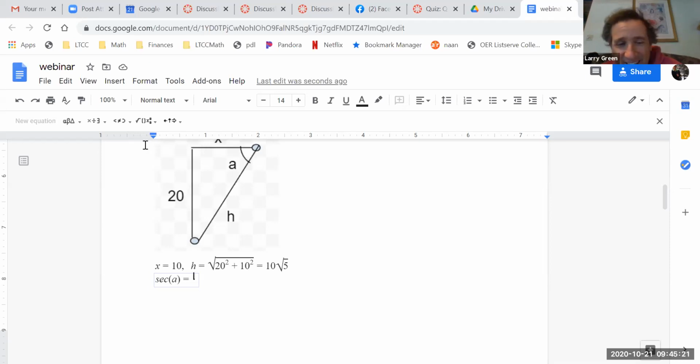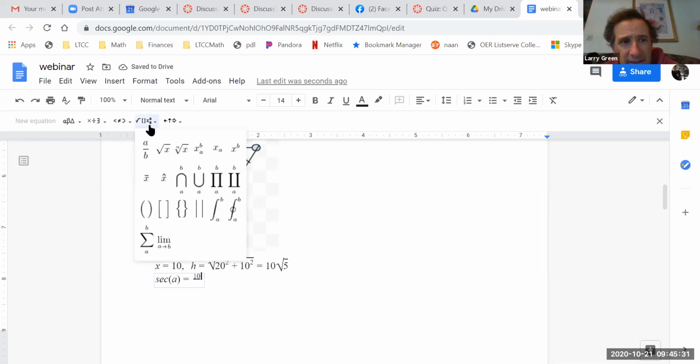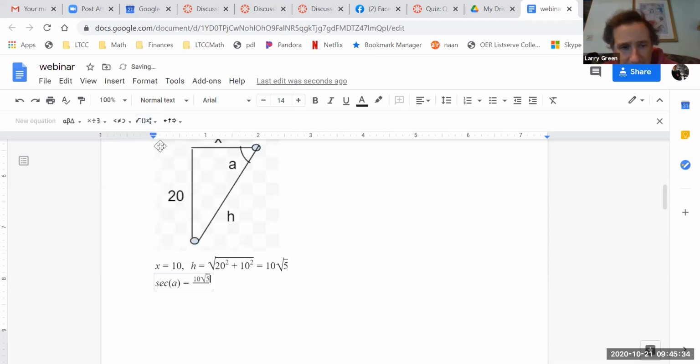Okay, so secant of A is the hypotenuse over the adjacent. So the hypotenuse is H, which is 10 root 5. And the adjacent is X, which is 10.